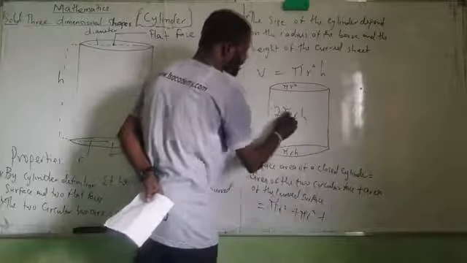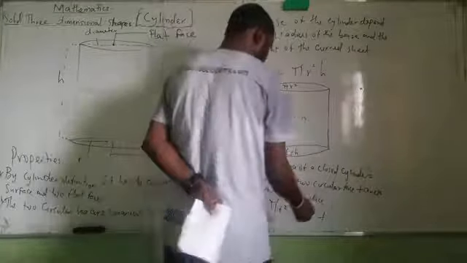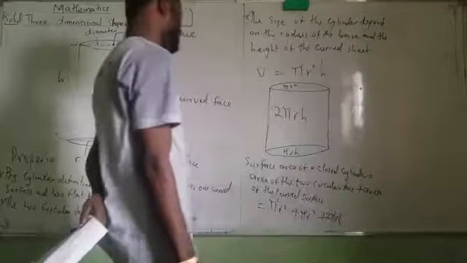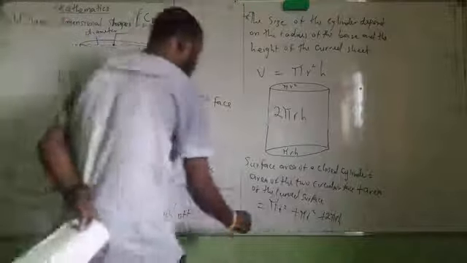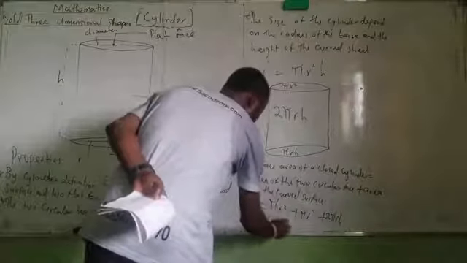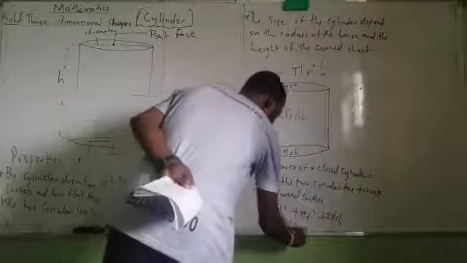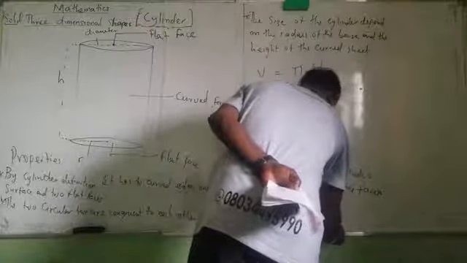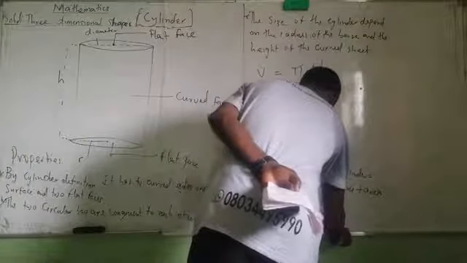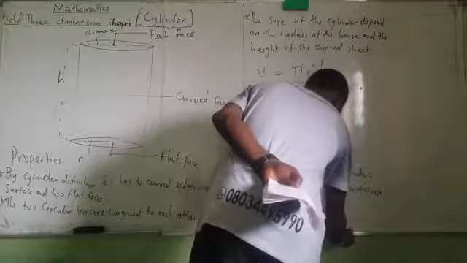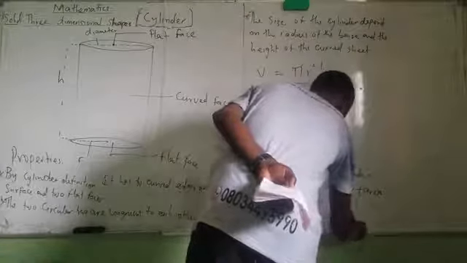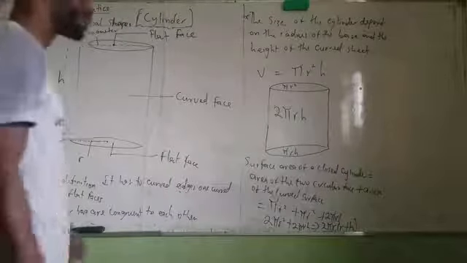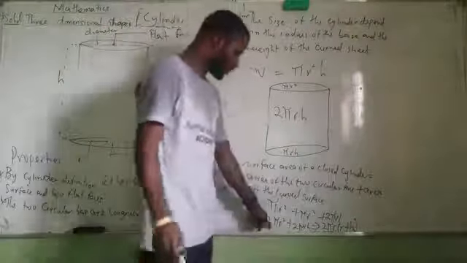That is why we are using 2 pi r h, where h is the height. So I'll be having 2 pi r squared plus 2 pi r h, which I can write as 2 pi r bracket of r plus h. That is my surface area of the closed cylinder.